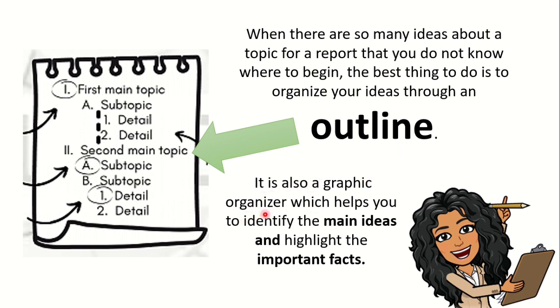It is also a graphic organizer which helps you to identify the main ideas and highlight the important facts. Just like the example earlier with the types of text, we have two types of text, namely linear text and non-linear text.